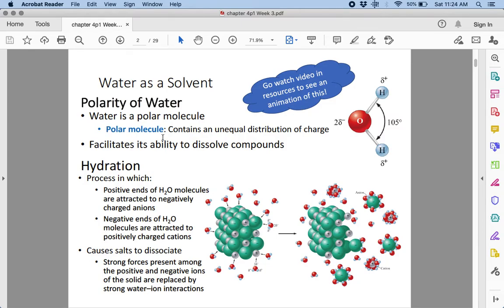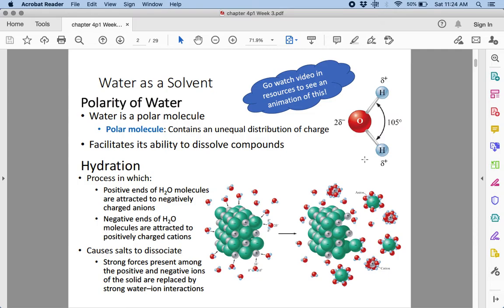So the first thing we're going to talk about is this concept of polarity of water. Now, we will talk about polarity in so much more detail as we get going, so you don't really need to worry about it too much. But polarity, what we're talking about, is something that is a polar molecule or has poles to it. So when I say poles, what I want you to think of is a magnet. Like when you were a little kid and you played with magnets and there was a north pole and a south pole, right?